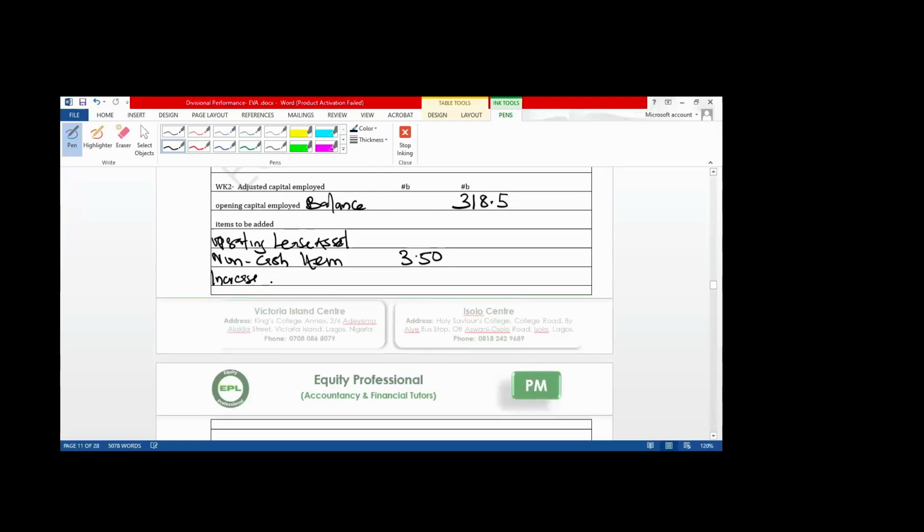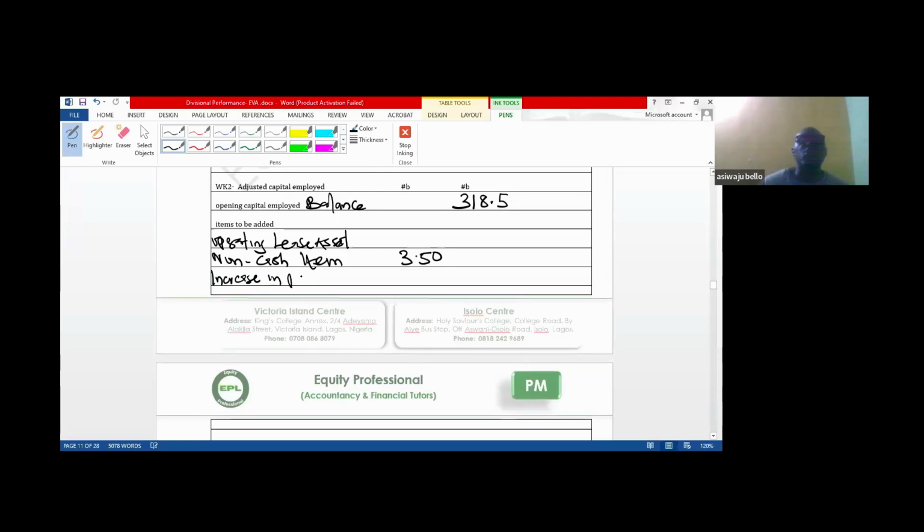$1.25 in provision for doubtful debt. Look at it, 2.25 minus 1 will give me 1.25.